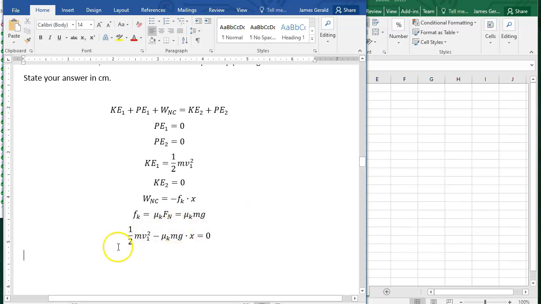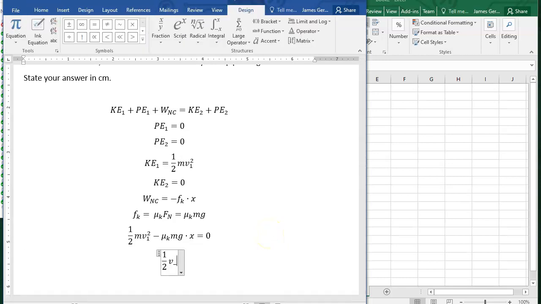Now, one thing you can see right now, the mass does not matter because I can divide through by the mass. I'm going to go ahead and do that. 1/2 v1 squared equals, taking the other piece to the other side, mu k g x.